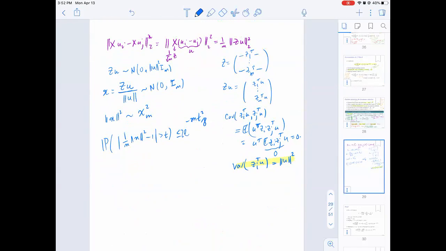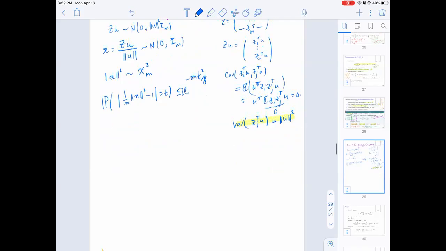So what does this give us? If you do this, this is just going to be (1/m) norm of z^T u squared divided by norm of u squared, minus 1, bigger than t, and so on. It's the same.